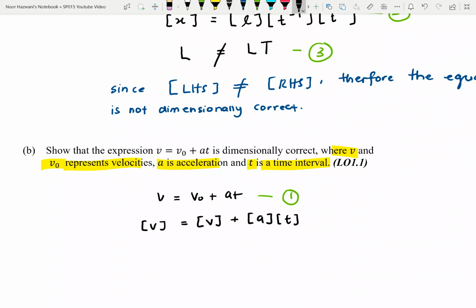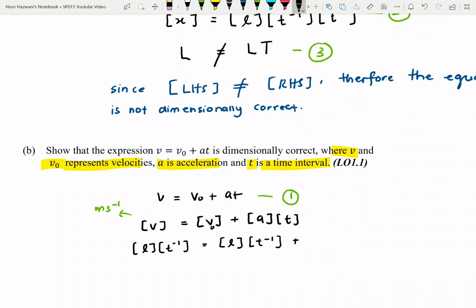The unit of velocity is ms^-1, meter per second, so the basic quantity would be L t^-1, and equally for v0, L t^-1.